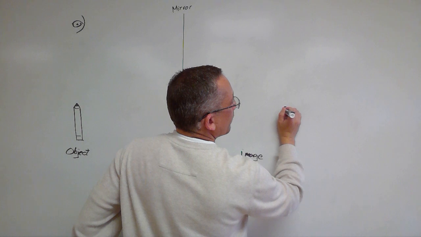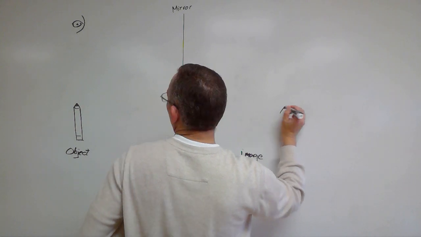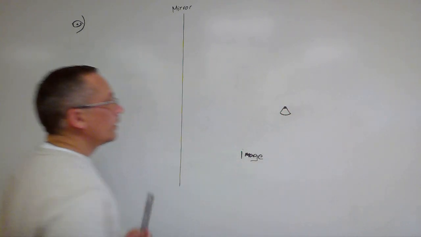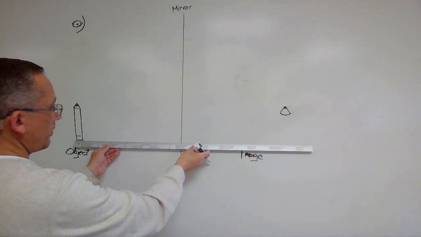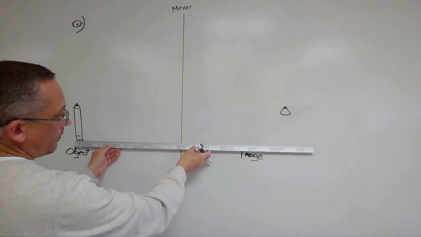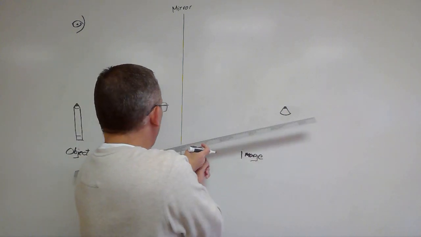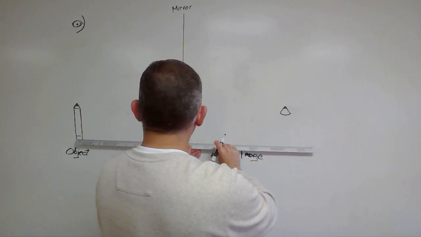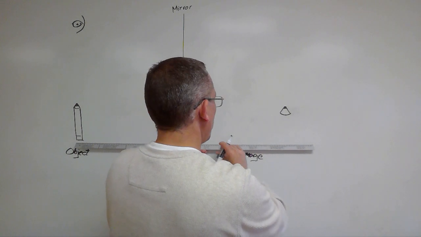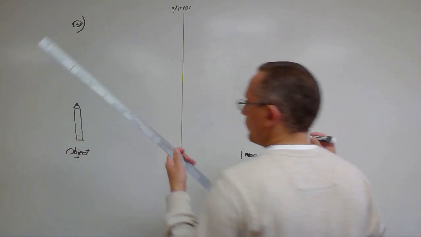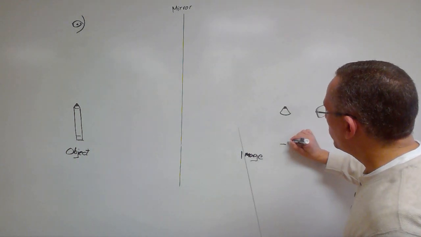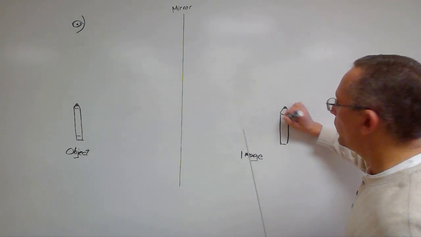This will be the top of the pencil. And let me do the same for the bottom of the pencil. Like 44. Right about there. Okay. So it should be something like that.